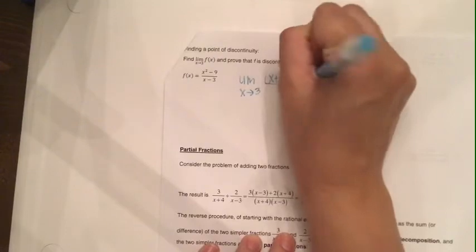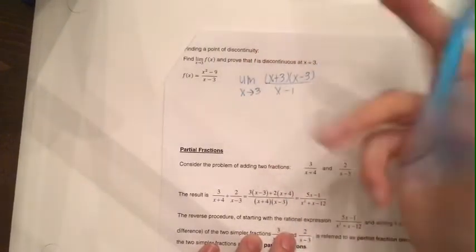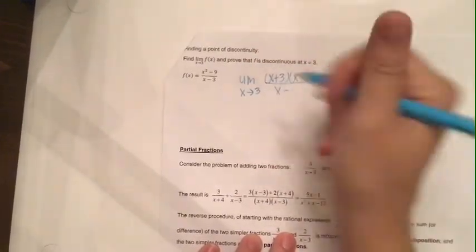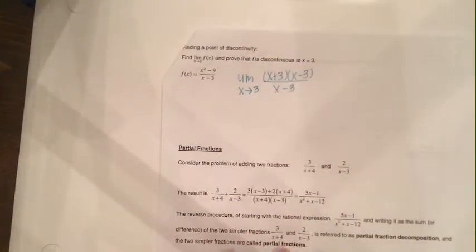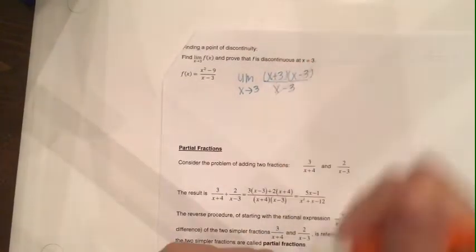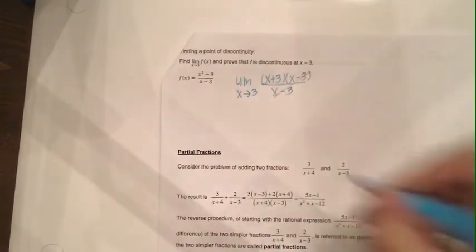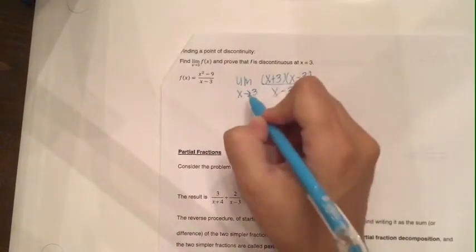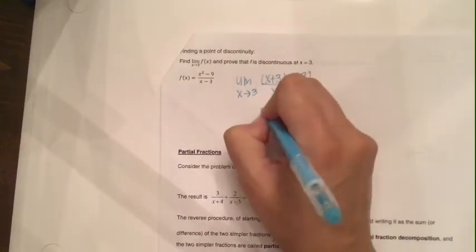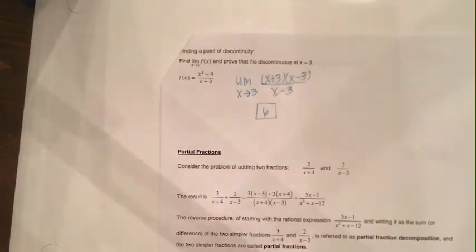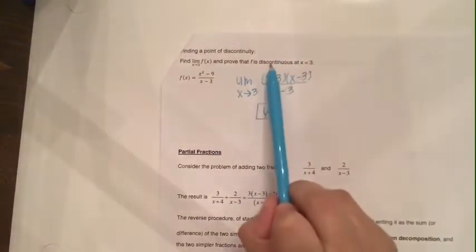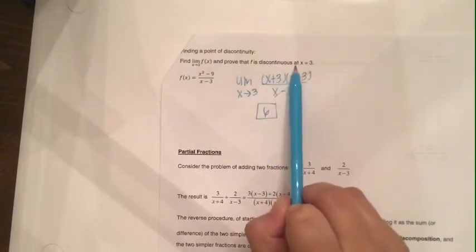Difference of squares. And you still have x minus 3 in the denominator. So you notice that the x minus 3's can cancel, and you're left with just x plus 3. So the limit here, if I plug in a 3, is 6. However, it wanted us to prove that it's discontinuous.